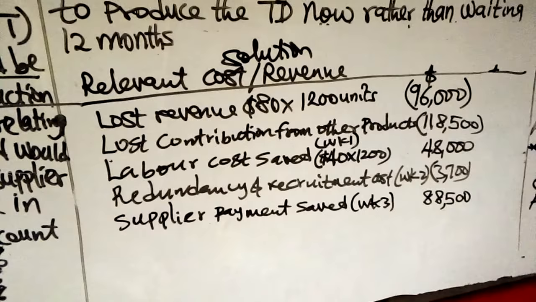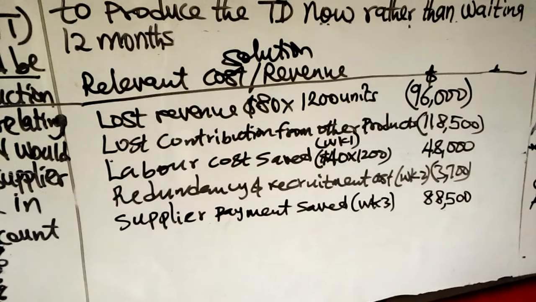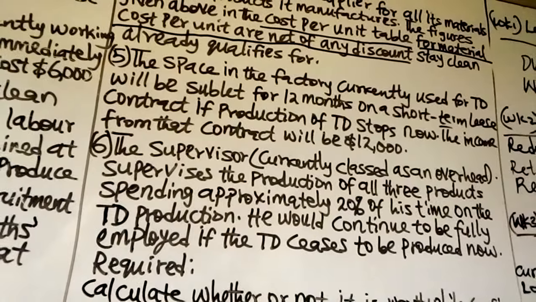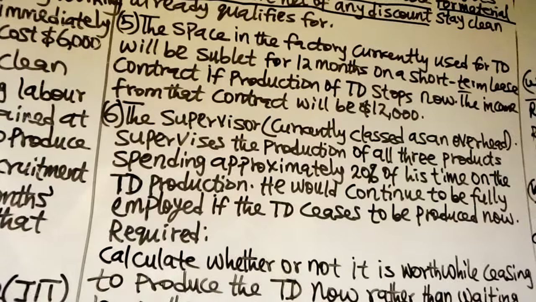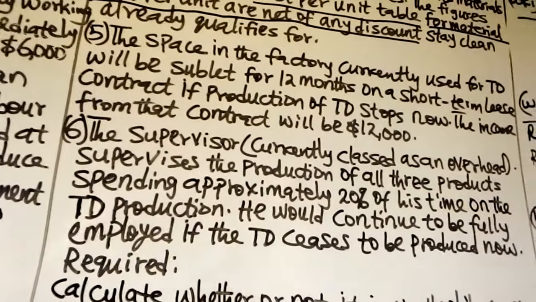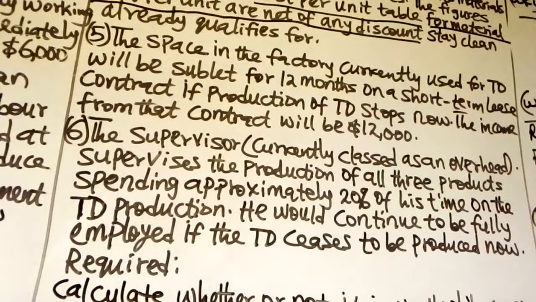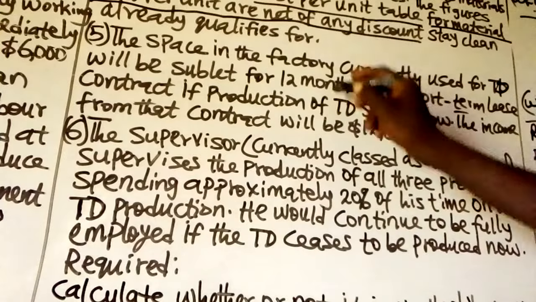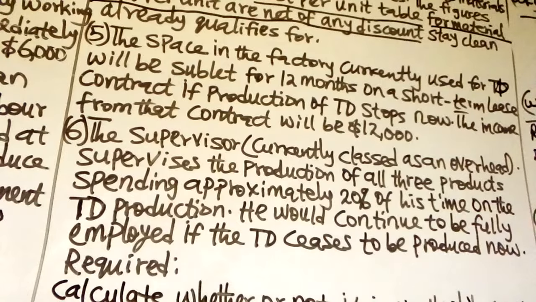Then let's go back and look at note 5. You were told the space in the factory currently used for TD will be sublet for 12 months on a short-term lease contract.